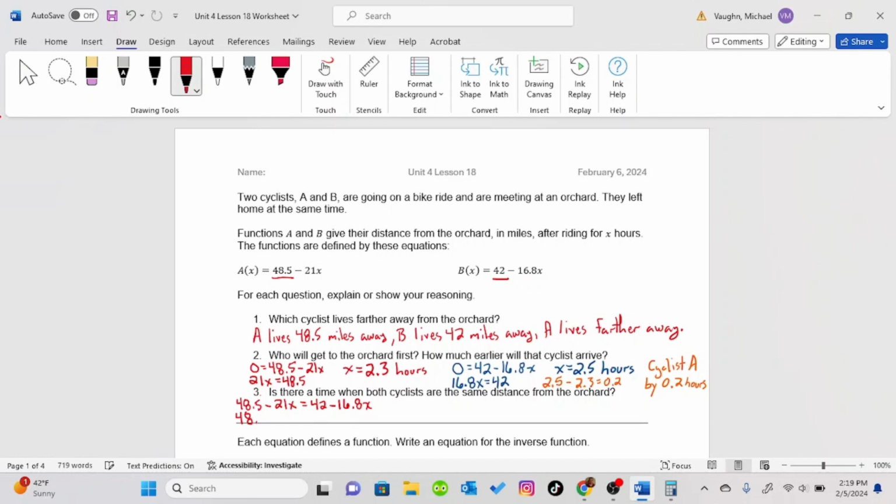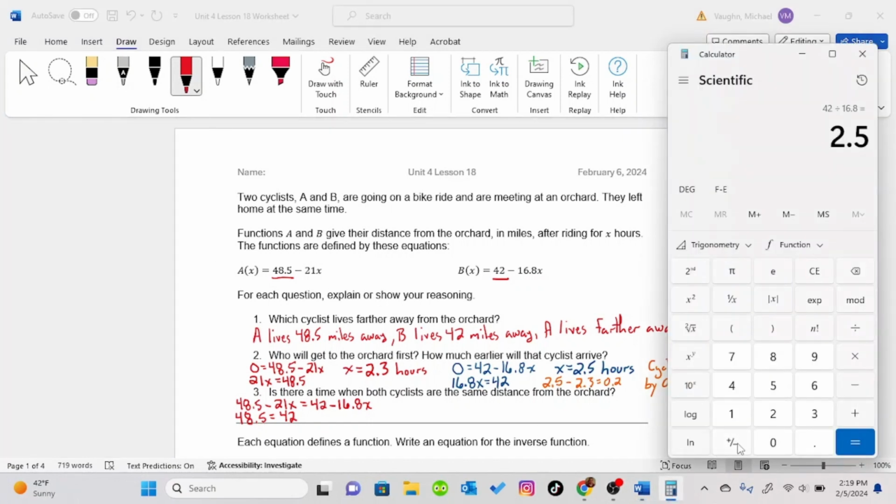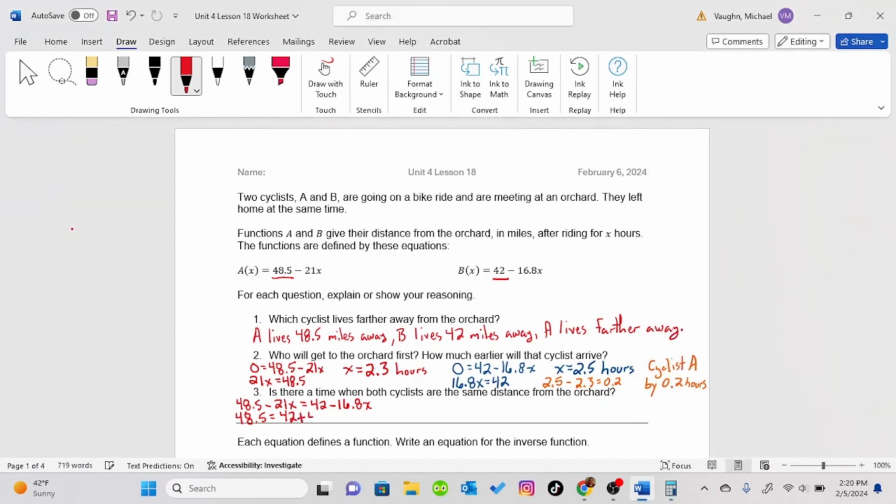That gives me 48.5 equals 42, and if I add negative 16.8 plus 21, I get 4.2x. So that's plus 4.2x.